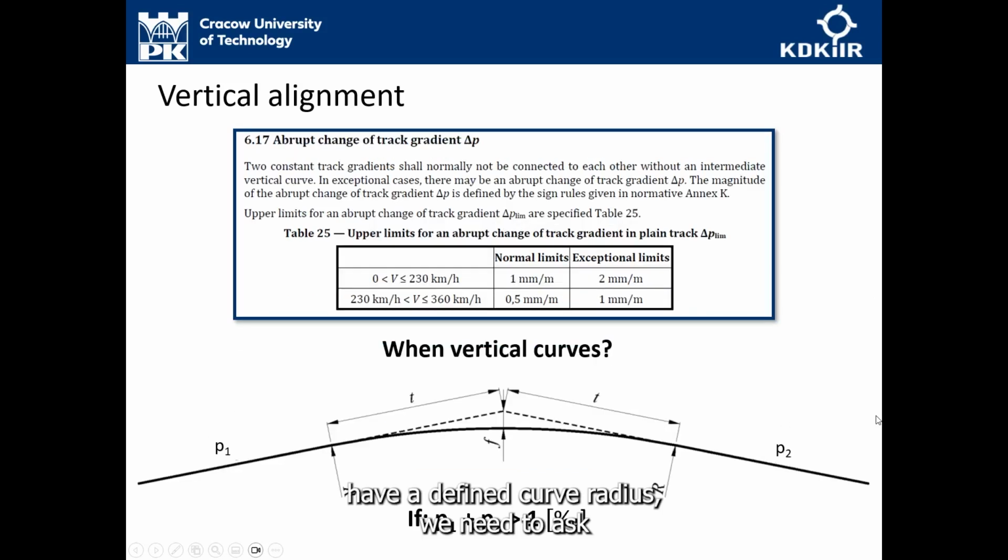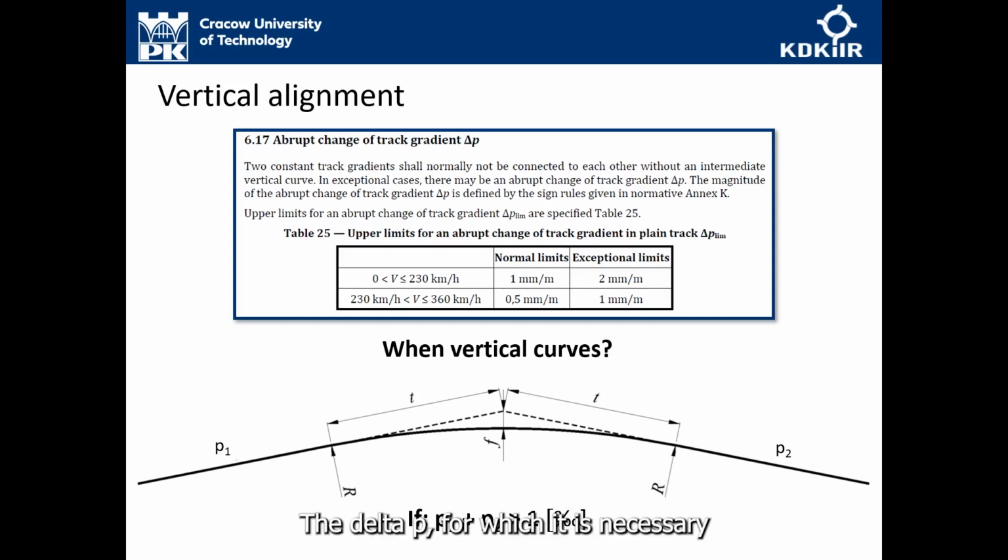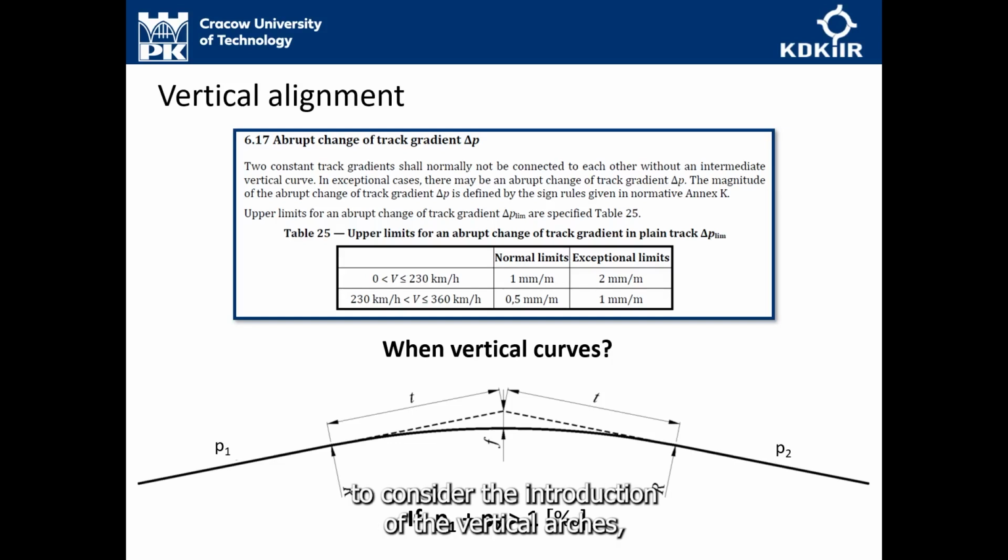If we have a defined curve radius, we need to ask when we must apply the curves. Point 6.17 tells us about the average change in the gradient, the delta P, for which it is necessary to consider the introduction of the vertical arches. And in Table 25, the parameters are specified.